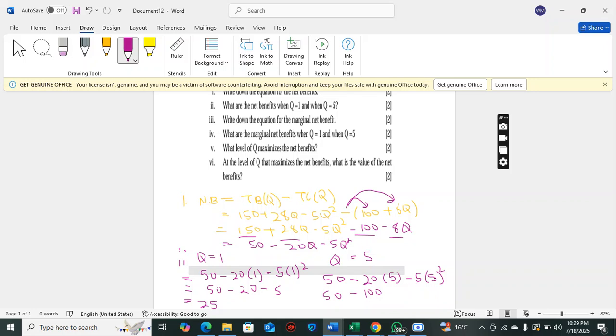Then 5 squared is 25, and 25 times 5 is 125.